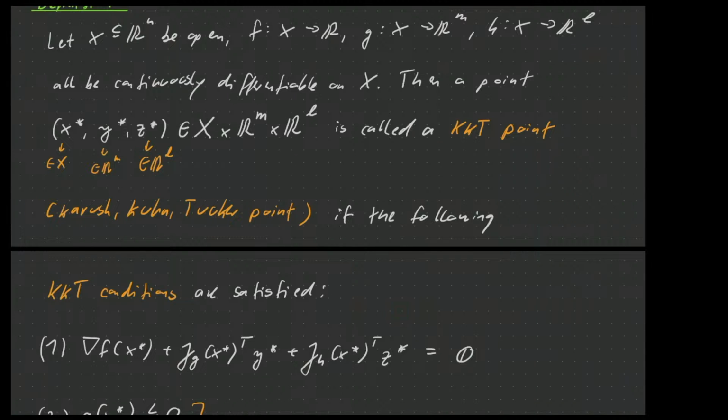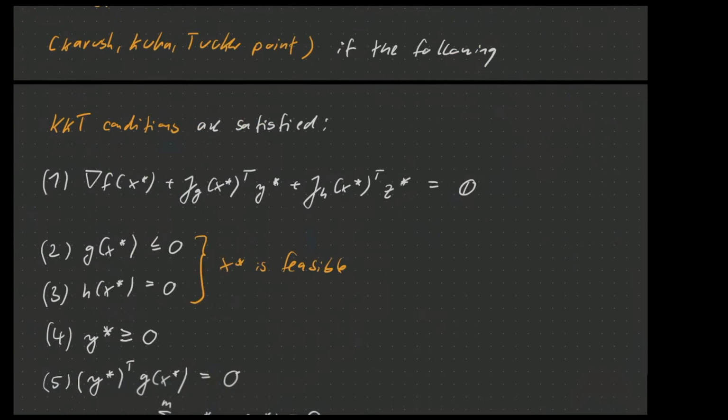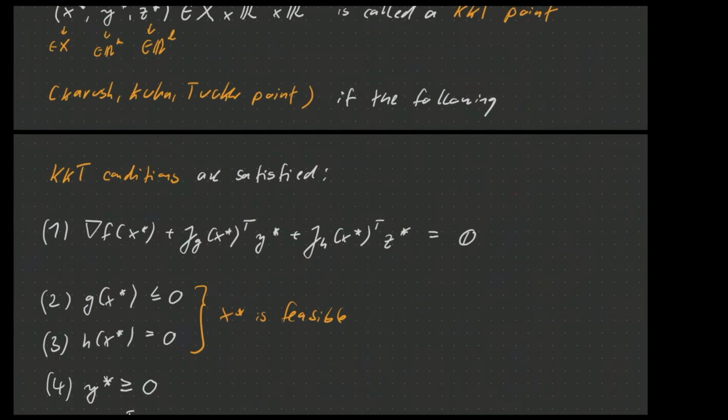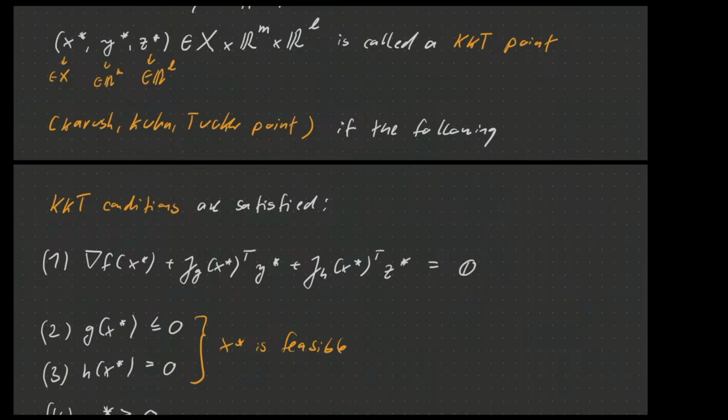And what we said was if all those functions are nice, basically meaning continuously differentiable, then a minimum over the feasible region of f always is a KKT point. And a KKT point contains the point itself and two types of multipliers. We use letters y and c for those. y are the multipliers associated with the inequality constraints. c are the multipliers associated with the equality constraints.